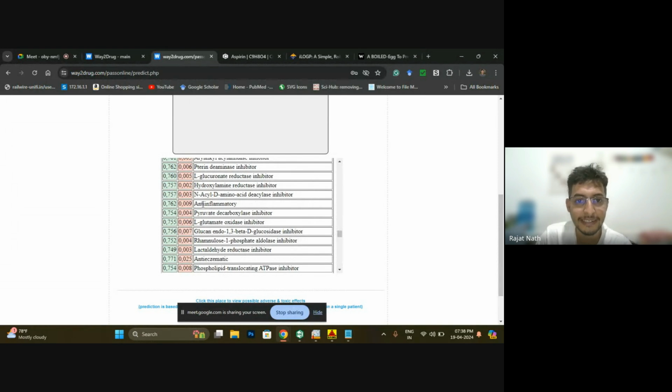So see, this is anti-inflammatory activity. This compound has anti-inflammatory activity with a 76.2% chance. This compound will act as an anti-inflammatory agent.